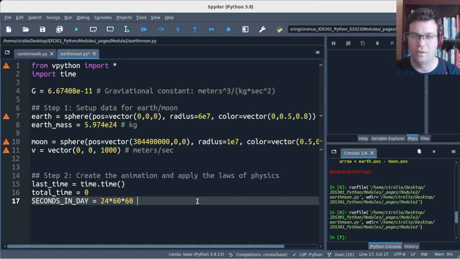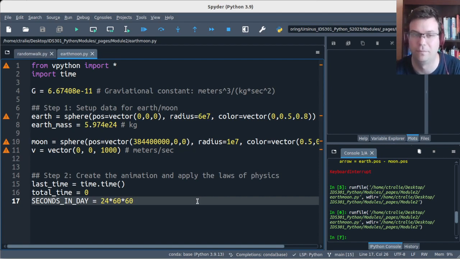And what I'll do is I'll make it so that the simulation elapses by 1 day every frame, rather than real time. Or what I'm saying is I'll let the animation go as fast as it can, but I will speed up the physics by a factor of a day. So if a tenth of a second elapses, then I'll make a tenth of a day elapse.